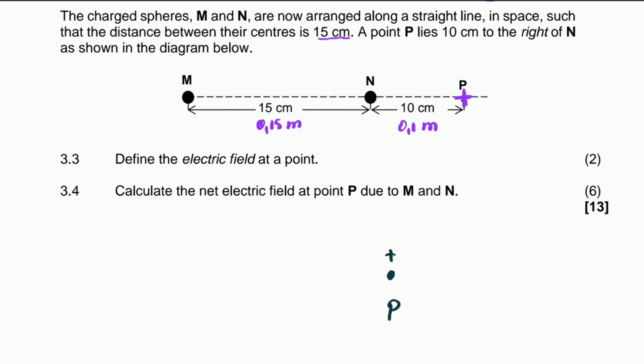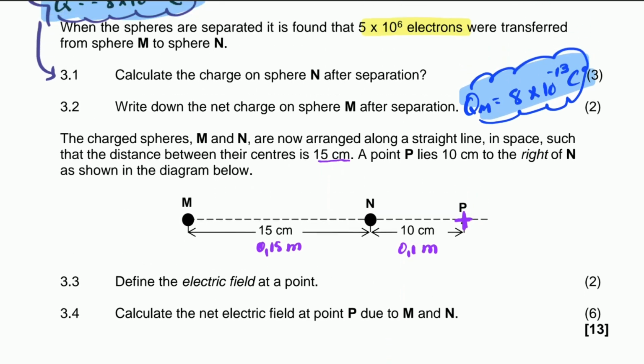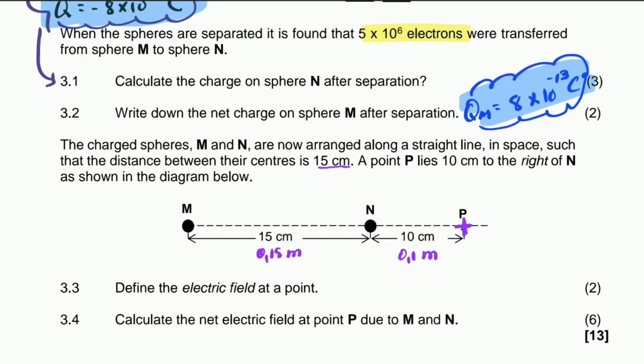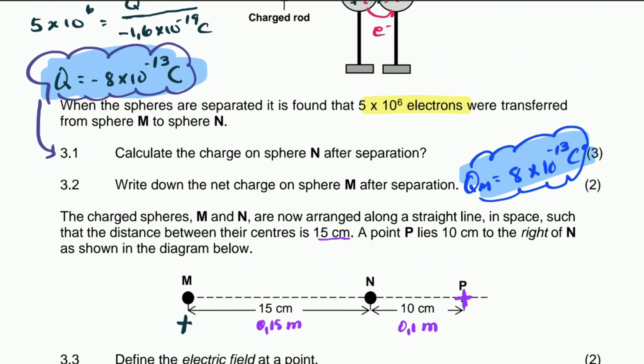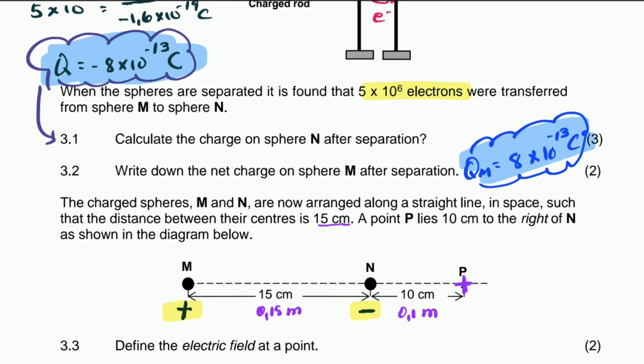So let's start with M, and we're going back here. M is a positive charge and N was a negative charge. This is very important. You need to know what is the charge of each of them.